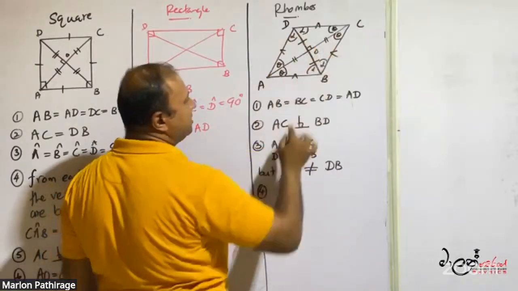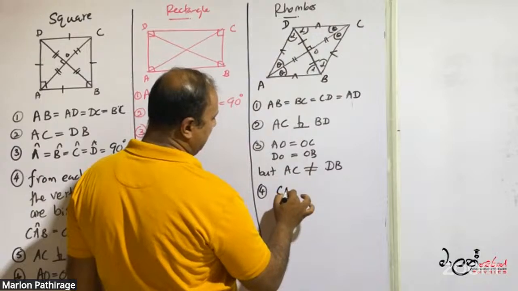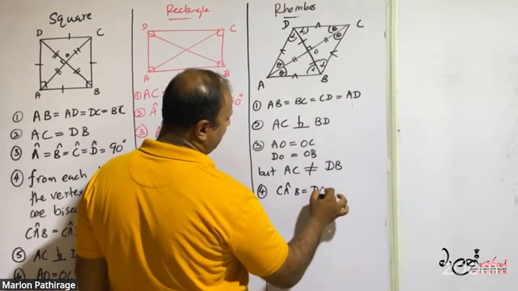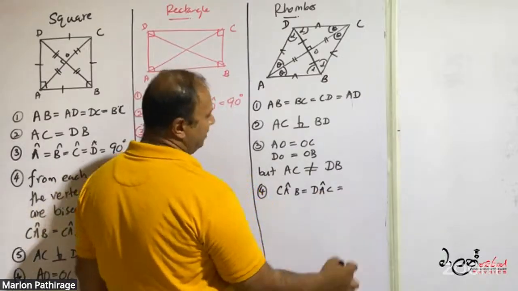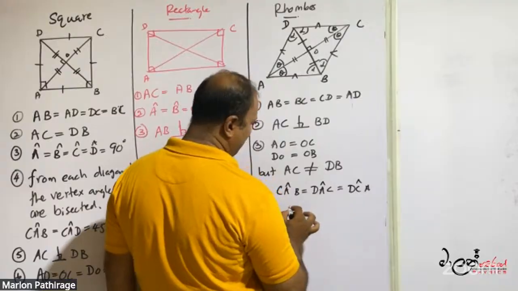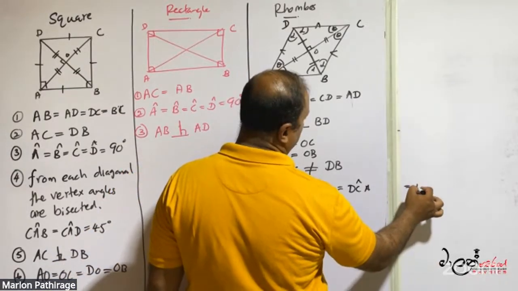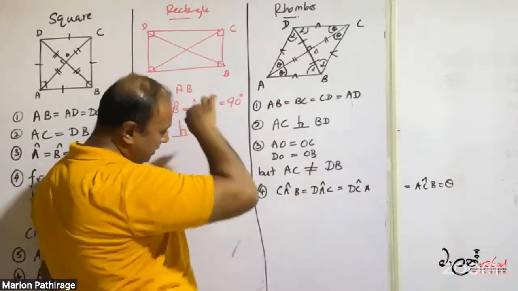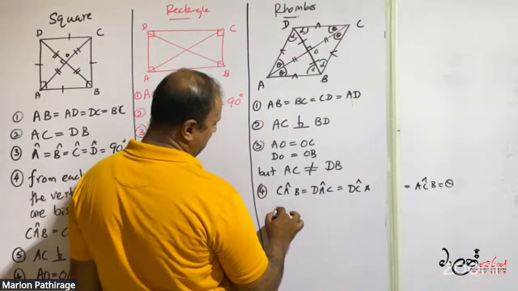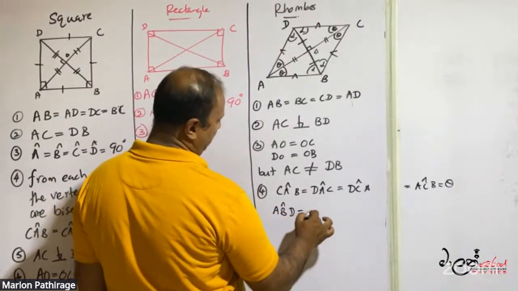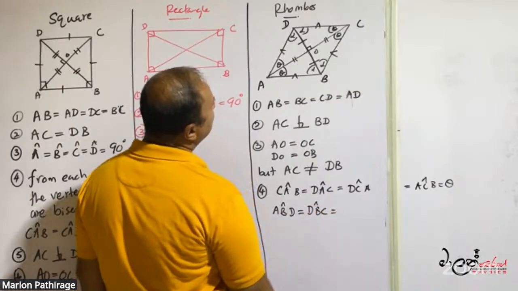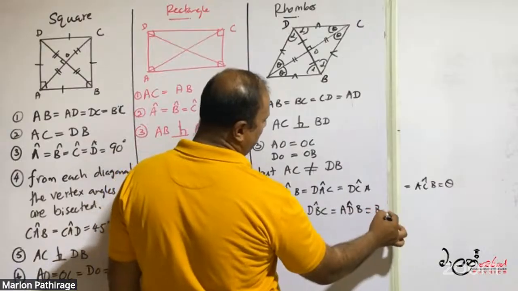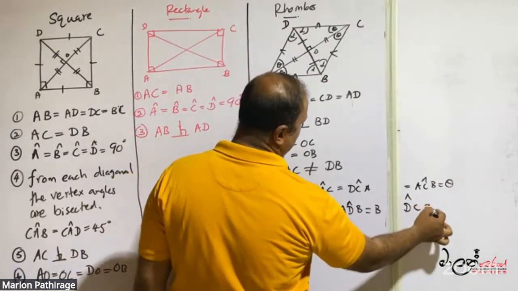This angle and this angle are equal. That means angle CAB, angle DAC, angle DCA, and angle ACB are all equal. Likewise, angle ABD, angle DBC, angle ADB, and angle BDC are equal to alpha.